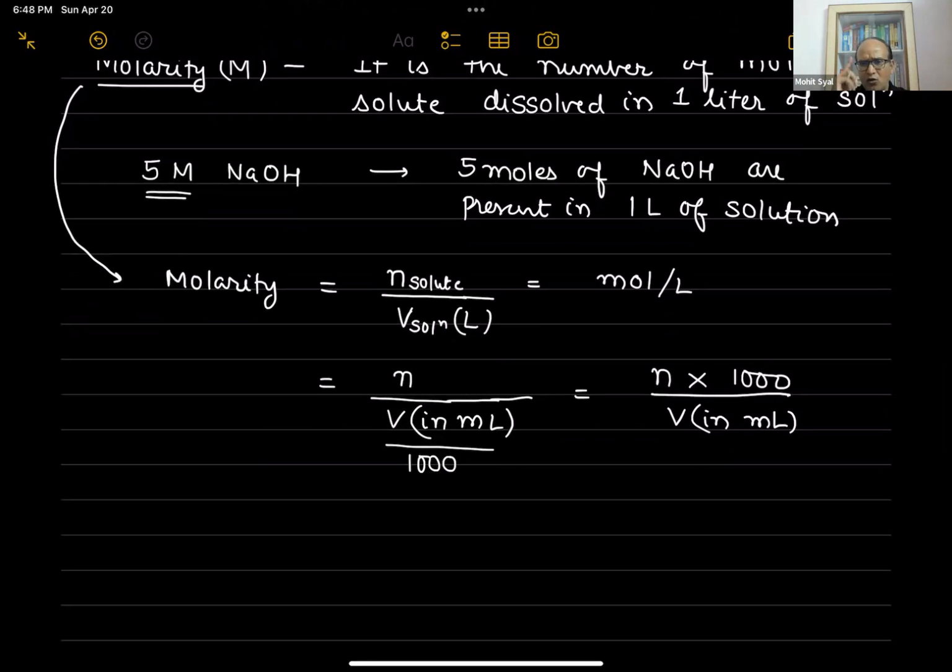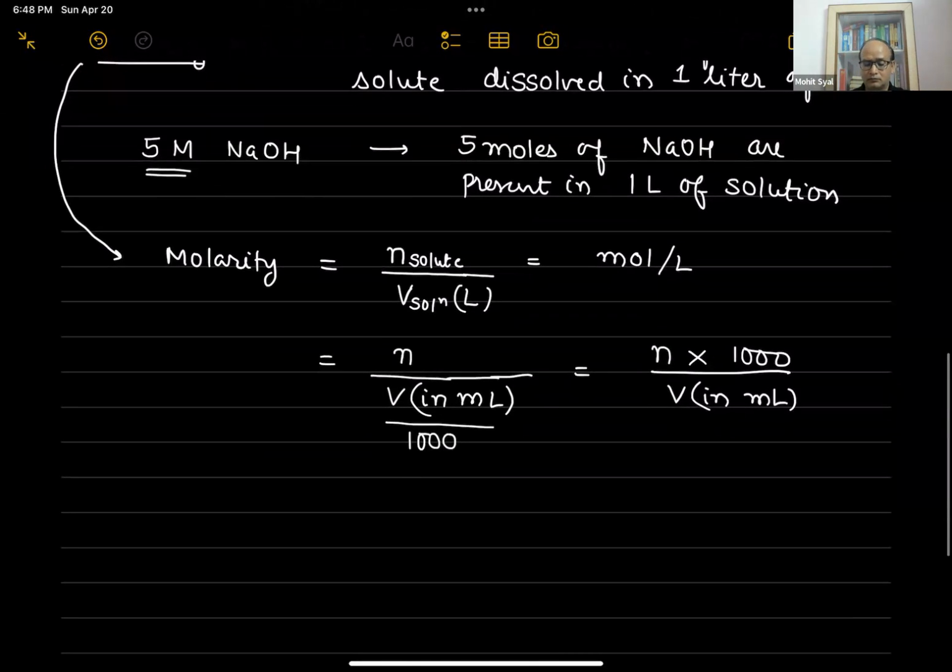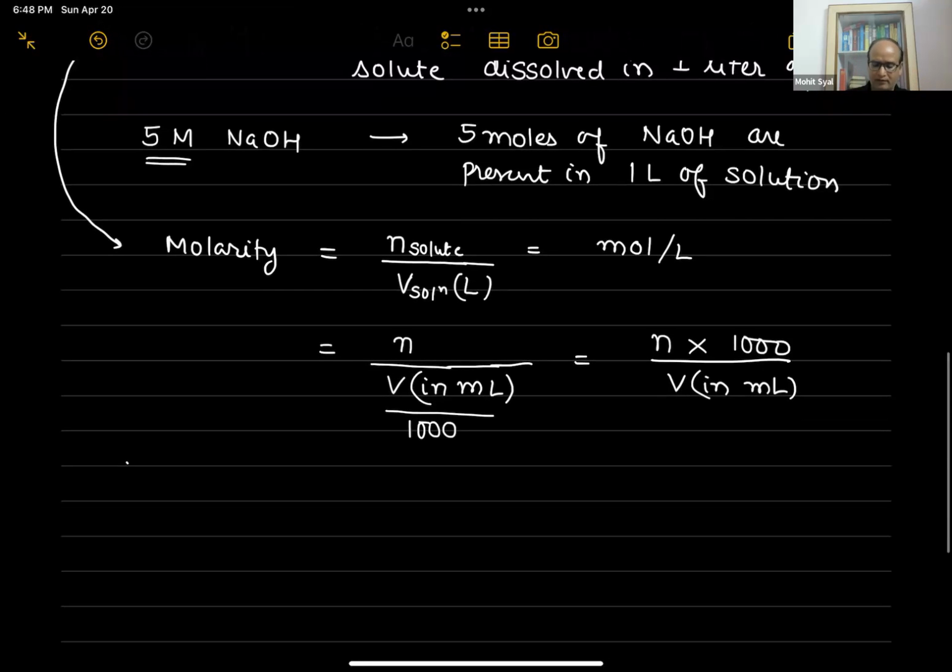Can you tell me one drawback of molarity? What is the disadvantage? It has a lot of advantages. We are going to use it everywhere, but we should know there is one disadvantage of molarity. What is it?